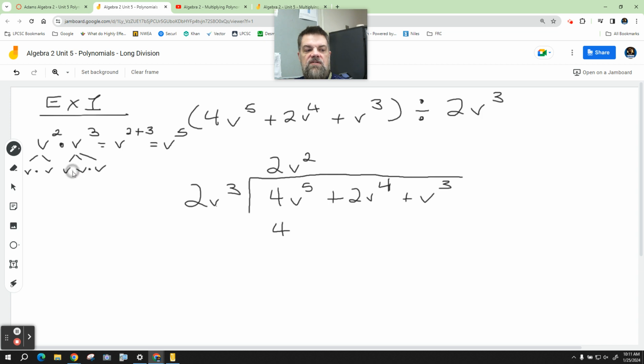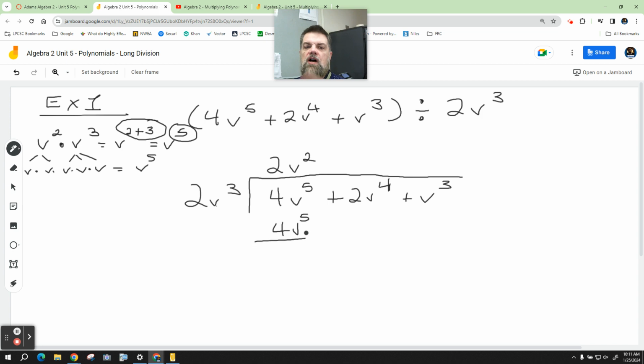How many v's do you see there? 5. That's what. But now, probably in the 6th grade, we teach you this. Right? But there's another rule where you multiply the numbers. We're not using that rule today. That's a different thing. That's when you raise a power to a power. All right, so it's v to the 5th power.